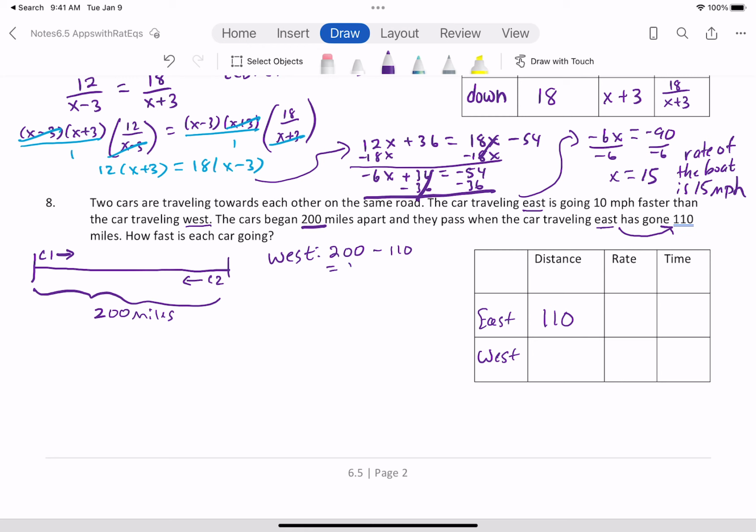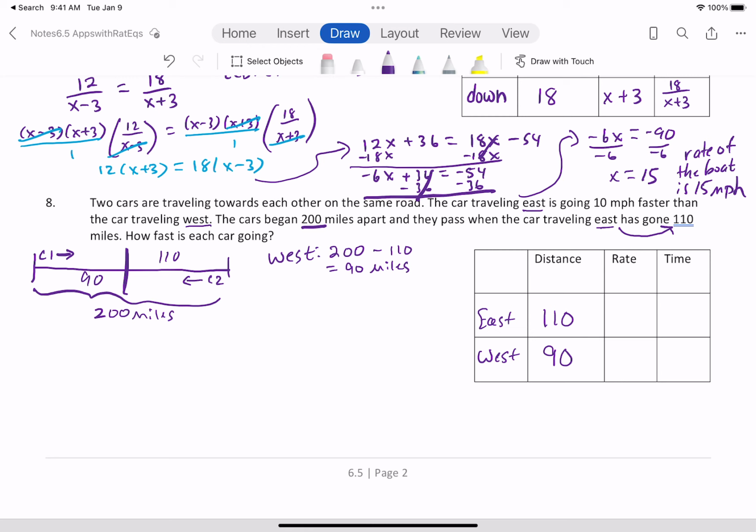And that gives me 90 miles. So the distance of the west car is 90. So when they pass, one of the cars has gone 110 miles and one has gone 90 to make the total 200. Okay?